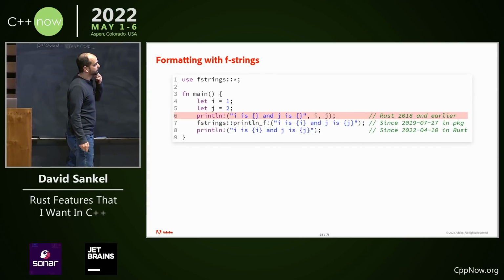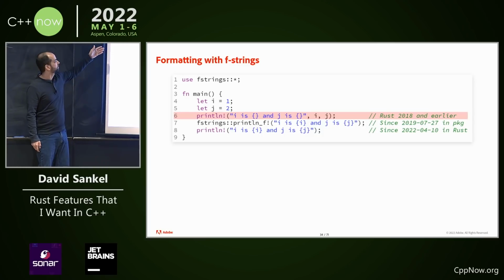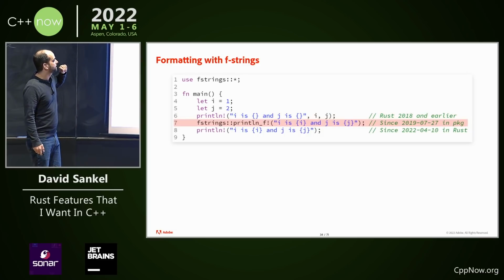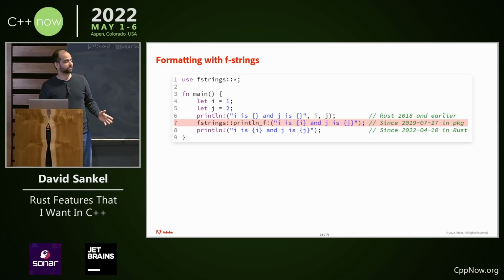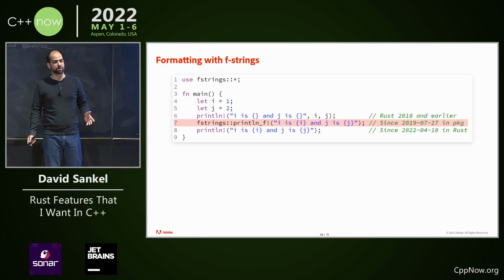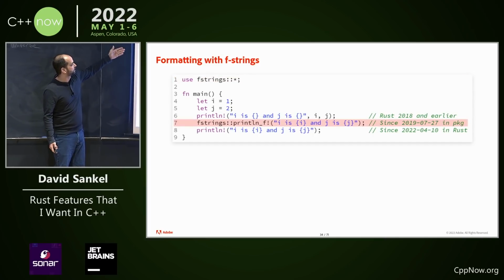Rust started out in 2018 and earlier with the Python style syntax. That was cool. And then in 2019, somebody's like, hey, this Python F-string thing is kind of cool. Let me see if I can implement that with Rust metaprogramming. And they did. You can see that this was a library that I pulled in where they implemented F-strings.